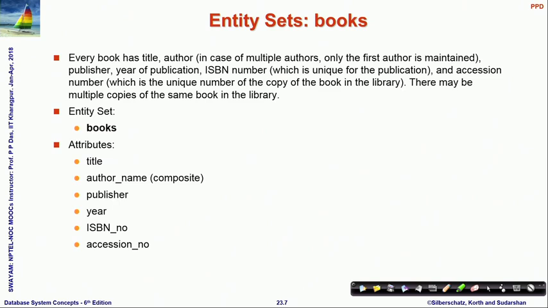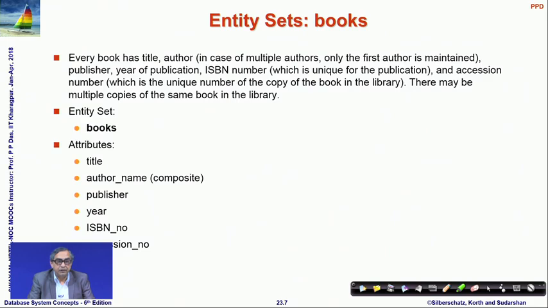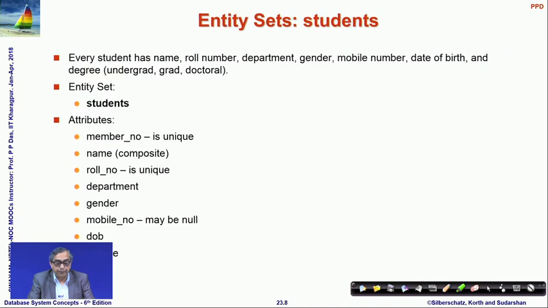So, from that we can see that books will be an entity set, and it will have attributes like title, author name, which is a composite one because it will have two parts, the first name and the last name, the publisher, year, ISBN number and accession number. So, these are the attributes available for books. So, this is our first entity set.